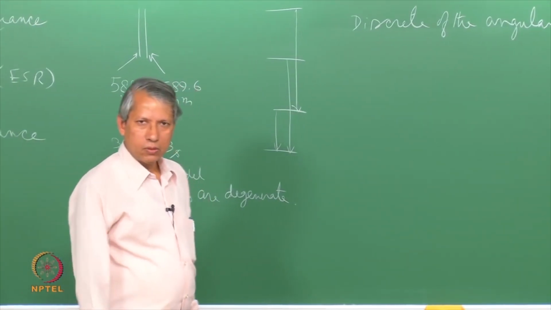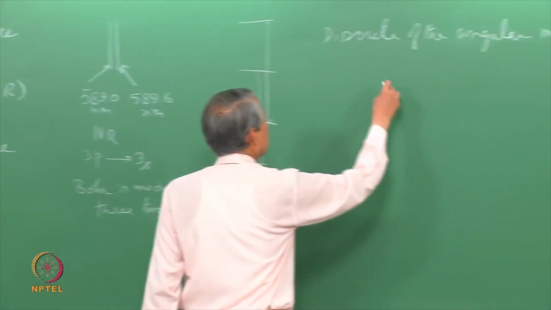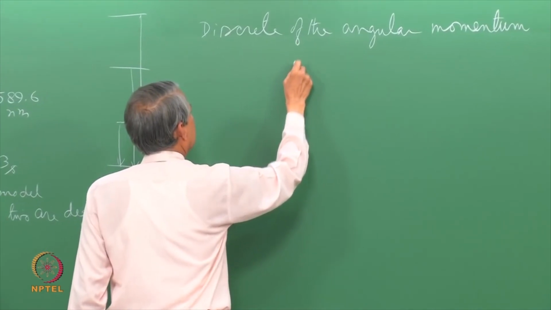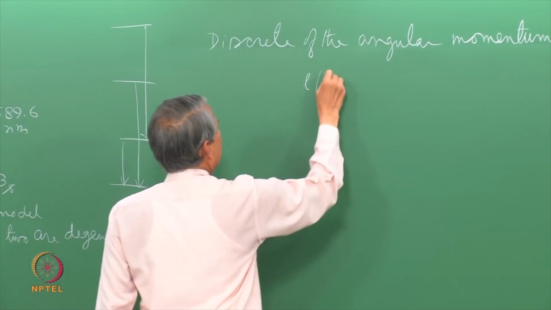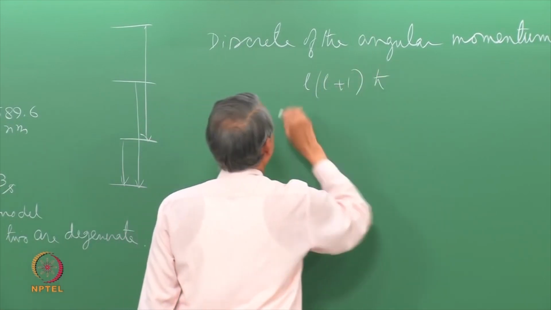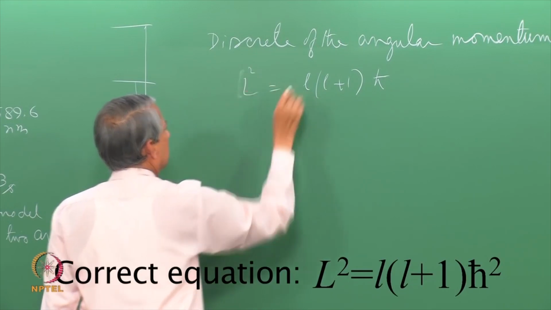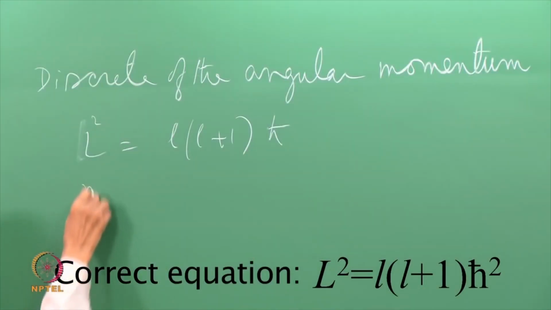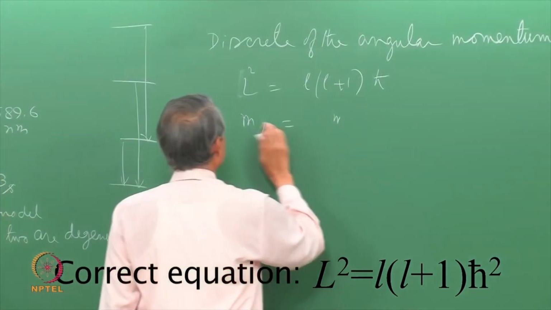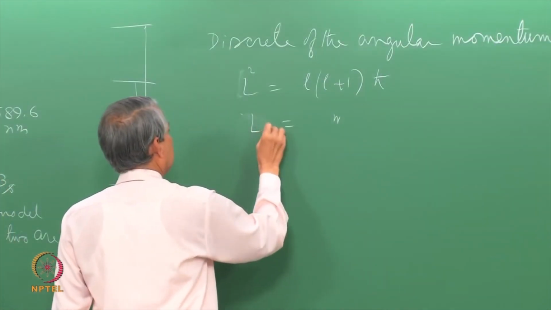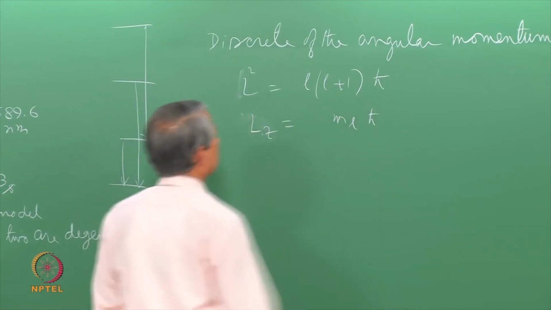And later, with the Schrodinger formulation of quantum mechanics, it is known that the angular momentum will have this kind of magnitude, let us call it L, magnitude of L square will take this type of values, and the component in any arbitrary direction, any particular z direction, will have Lz equal to M L h cross.